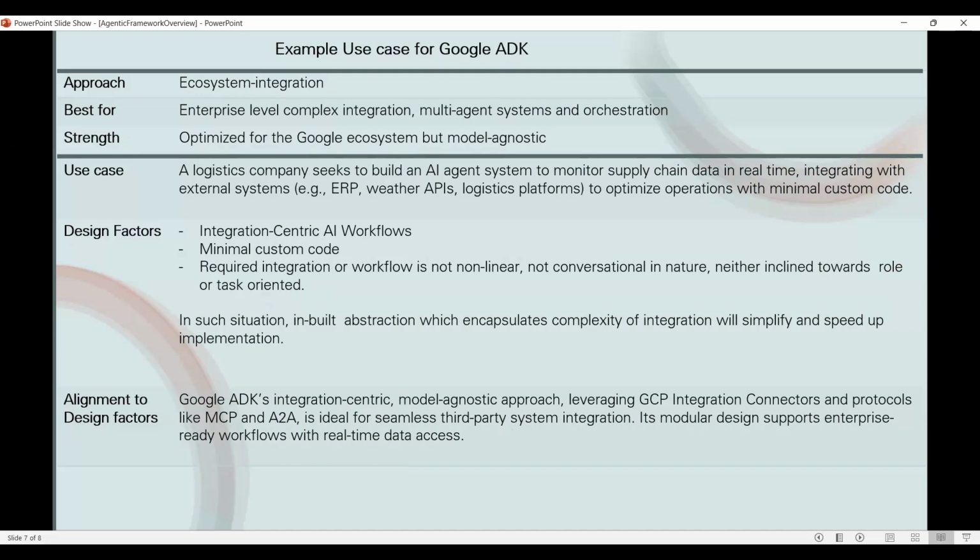So clearly, this use case is very much inclined towards integration with the ecosystem, and most important, the system or the architecture already exists, it is operational, and it is serving value to the business, so with minimal change or minimum code. If the integration can be achieved, that will be the big success criterion. And in such a case, of course, Google ADK turns out to be the best.